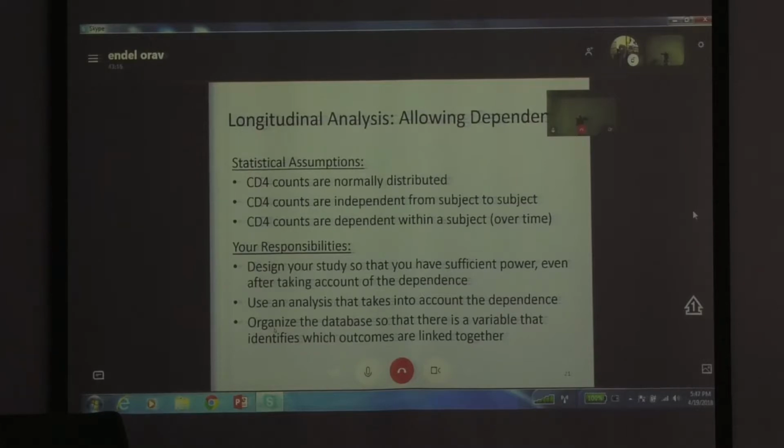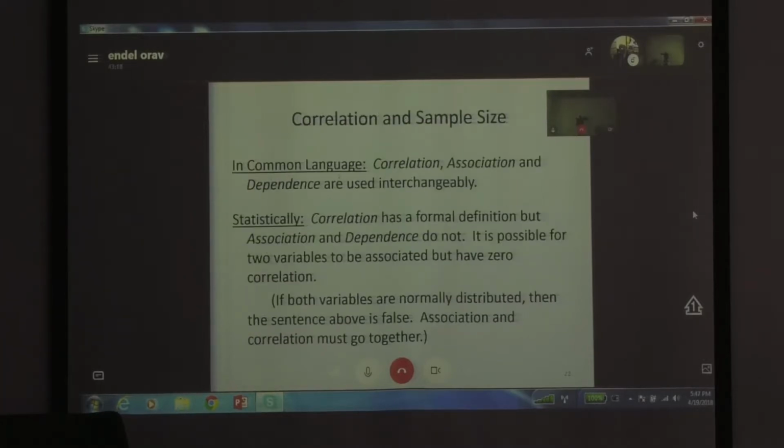So, as I mentioned earlier, correlation, association, and dependence are all used interchangeably. Correlation has a formal statistical definition. If both variables are normally distributed, then dependence, correlation, and variables being associated are the same thing: two variables, in order to not be associated, must have zero correlation for normal data.